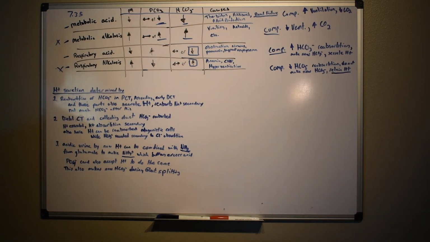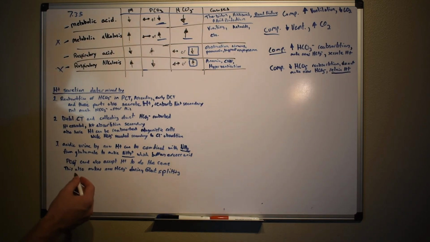Our distal convoluted tubule and collecting duct also reabsorb bicarbonate ion. Hydrogen is excreted, and K plus or potassium is absorbed secondary to hydrogen excretion. Also here there can be reabsorption of K plus.